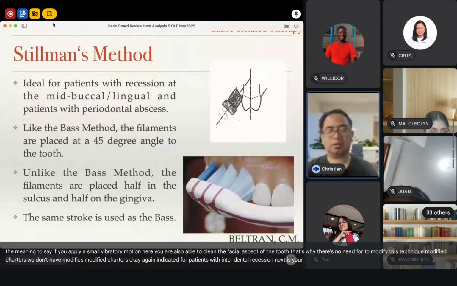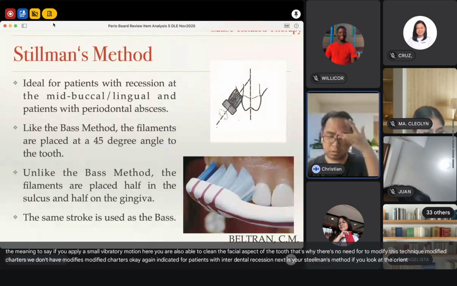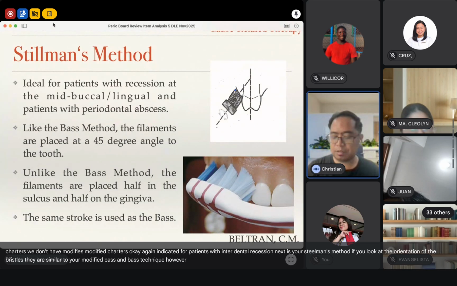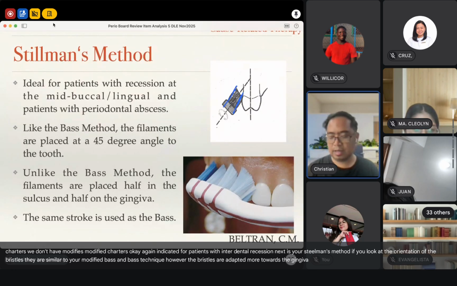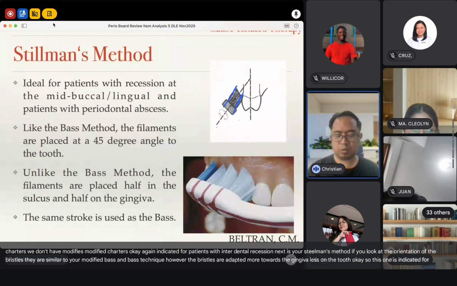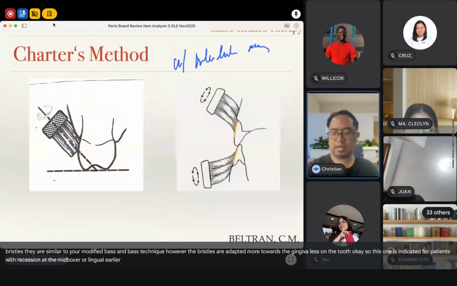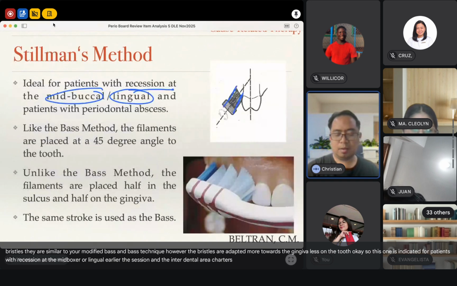Next is your Stillman's method. If you look at the orientation of the bristles, they are similar to your modified BAS and BAS technique. However, the bristles are adapted more towards the gingiva, less on the tooth. Okay? So this one is indicated for patients with recession at the mid-buccal or lingual. Earlier, balik tayo, recession on the interdental area, Charters.